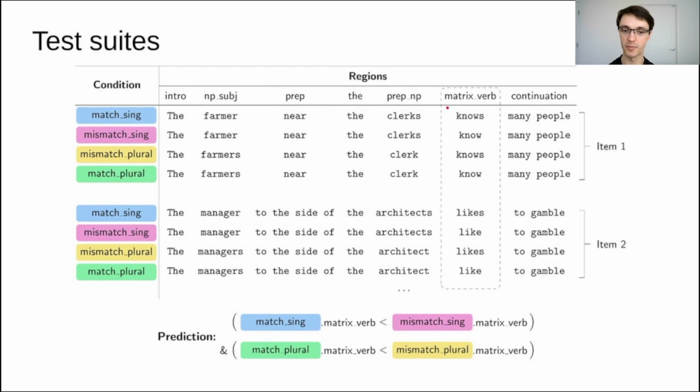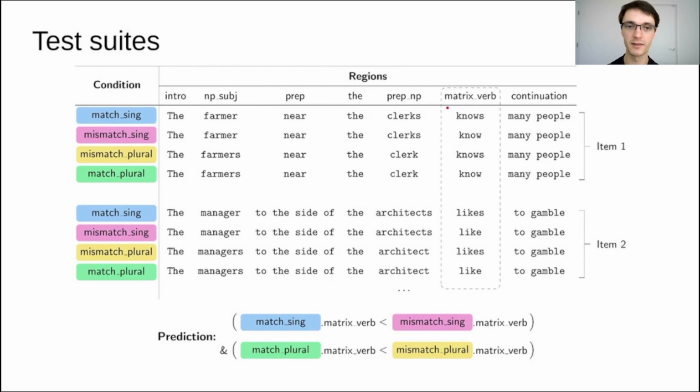The first part of our prediction for this test suite states that we expect the surprisal in the matrix verb region under the match singular condition to be less than the surprisal in the matrix verb region under the mismatch singular condition. Simply, that means we expect the model to assign lower surprisal to the grammatical continuation versus the ungrammatical continuation. And the second part of the prediction states the same expectation for plural subjects and matched or mismatched verbs.